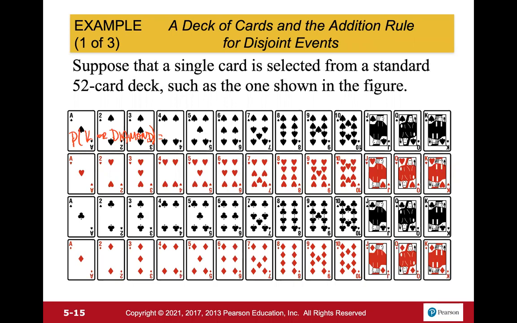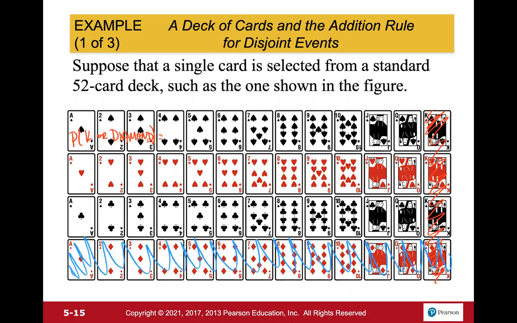So probability of king, we have these over here. Those are all kings. And we have our probability of diamond. Diamond is these here at the bottom. So I'm shading those in blue.